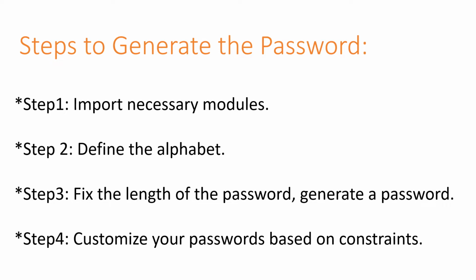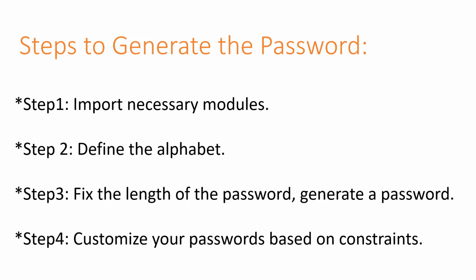So these are the steps involved in generating the password, and the second step is to define the alphabet. Alphabet denotes the set of all characters that we will consider for password generation. Here we want it to contain lowercase and uppercase letters and special characters.